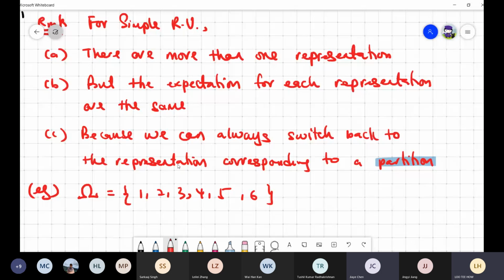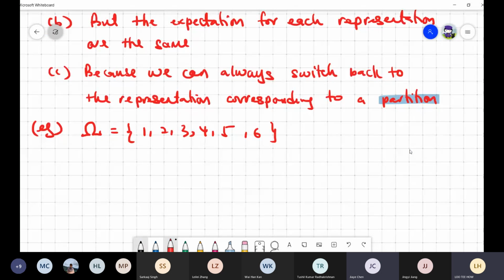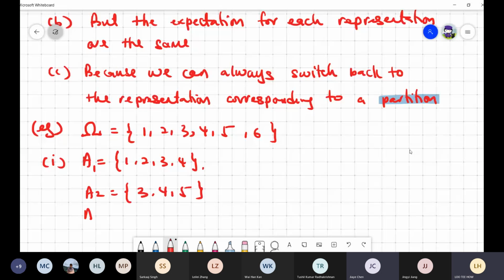For the first representation, let's say we take A1 to be 1, 2, 3, 4, and A2 to be 3, 4, 5, and A3 to be 4, 5, 6.